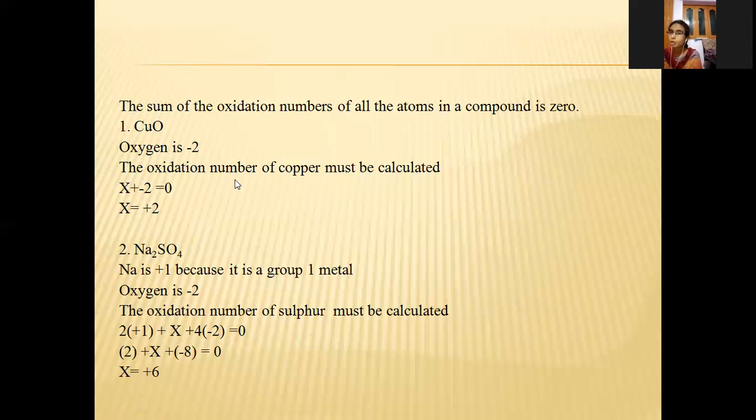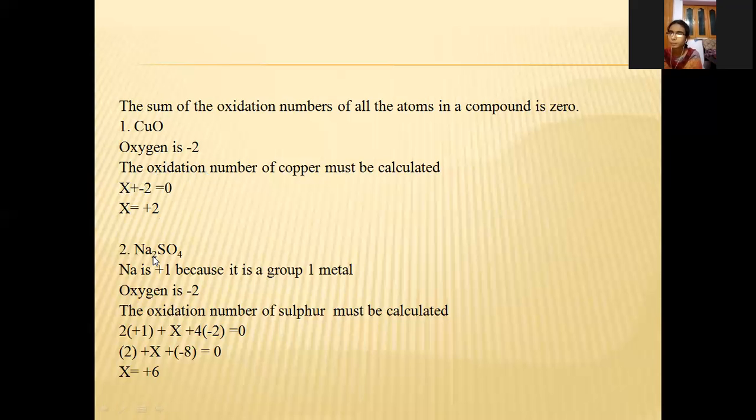We don't know the oxidation number of copper, so we assume copper as X, plus one oxygen atom, minus 2, is equal to 0. If minus 2 is shifted, it becomes plus 2.